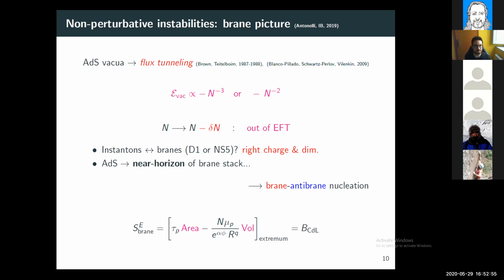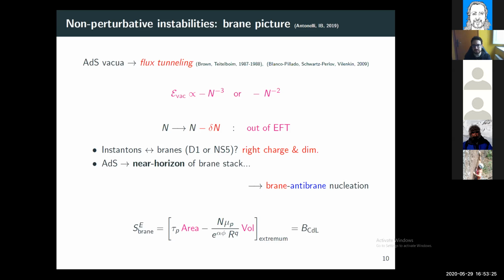So in order to substantiate these ideas, first of all, we matched a gravity computation of the decay rate, which is essentially a Brown-Teitelboim / Coleman-De Luccia kind of calculation with instantons, with a more stringy brane instanton computation. And both decay rates take the form of an area minus volume term, which is typical for this kind of physics.